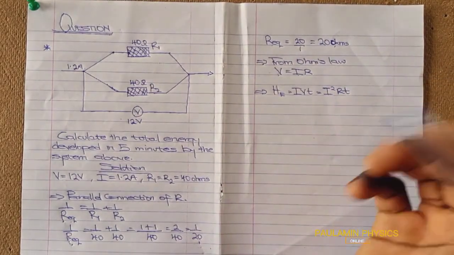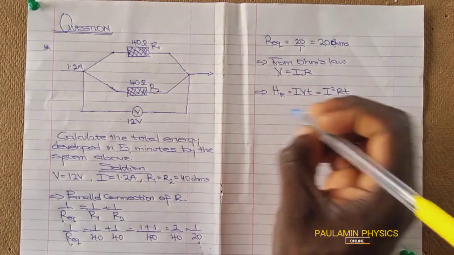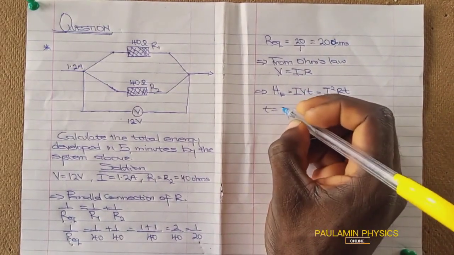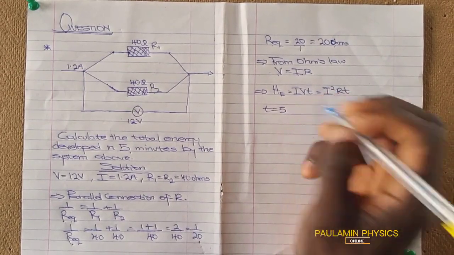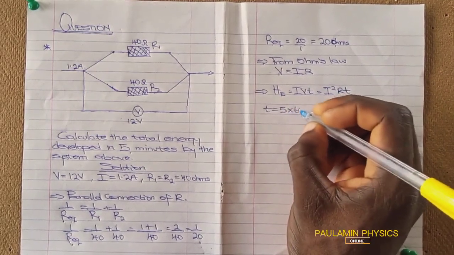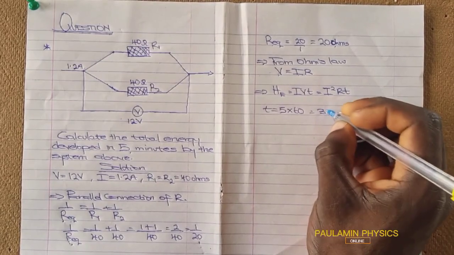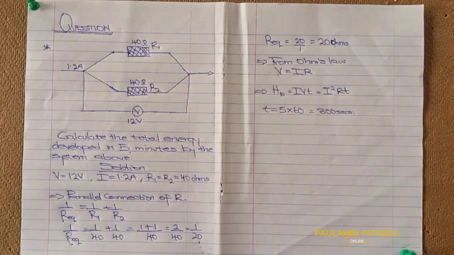So we already have our time. Our time was given as 5 minutes, so I need to convert my time from minutes to seconds. And we know that 60 seconds make 1 minute, so this will be 5 times 60. That is 300 seconds. 300 seconds is our time.